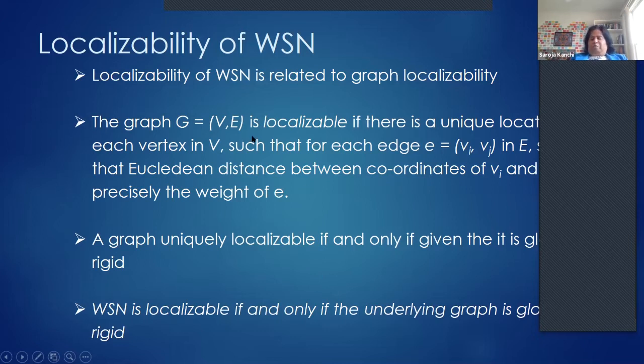There's some support from graph theory, which we will refer to: the wireless sensor network graph, or the underlying graph, is localizable, meaning we can find the unique location, if and only if the underlying graph is globally rigid. And we will define globally rigid in a few slides down the line.